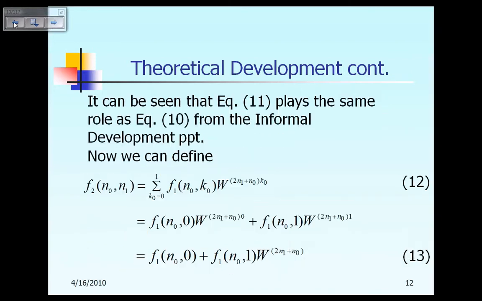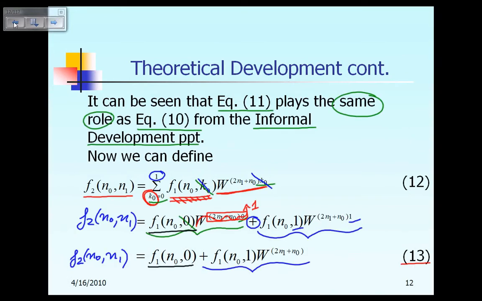The next thing we can say is this. If you take a look one more time at equation 13, that equation actually contains 4 equations. The reason you have 4 equations is because you may have a different combination of values for n0 and n1. For example, when you let n0 and n1 equal to 0, comma 0, then you get the right hand side of equation 13.